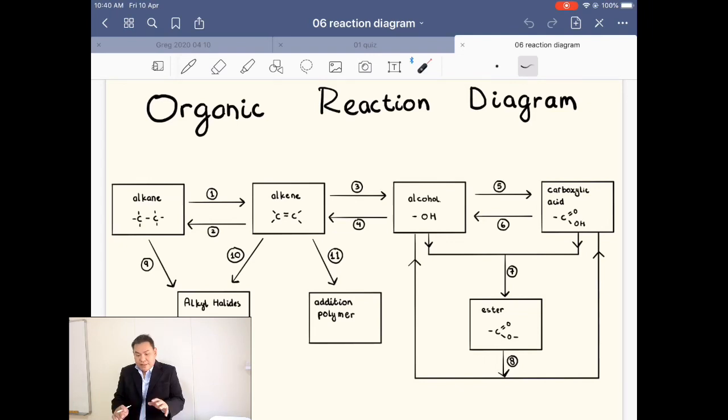The arrows in this diagram indicate the reaction from one functional group to another functional group, right?